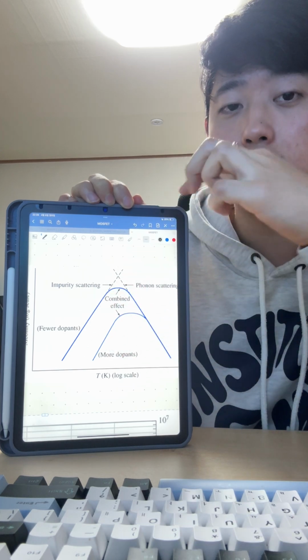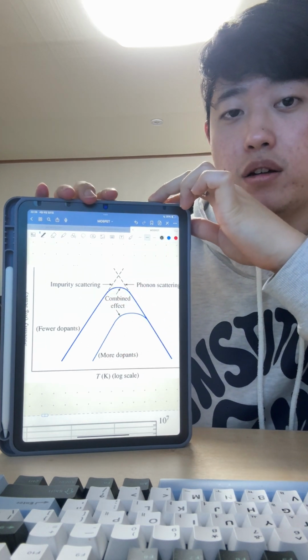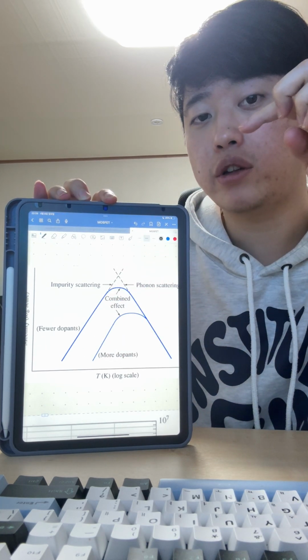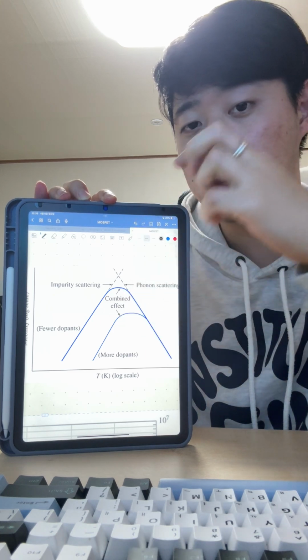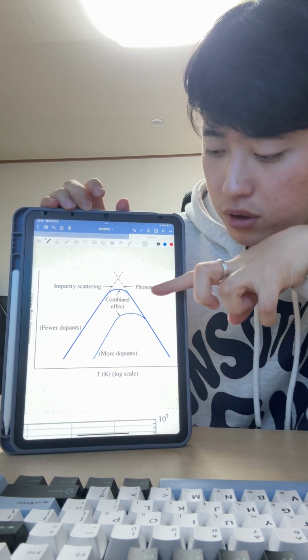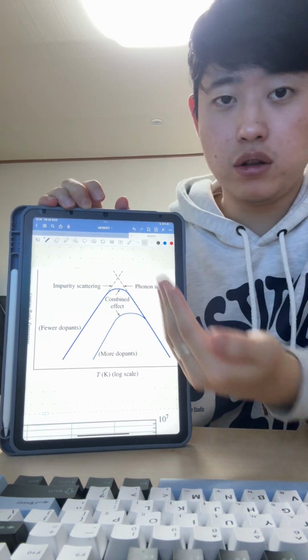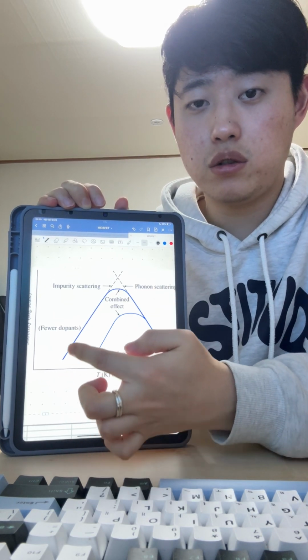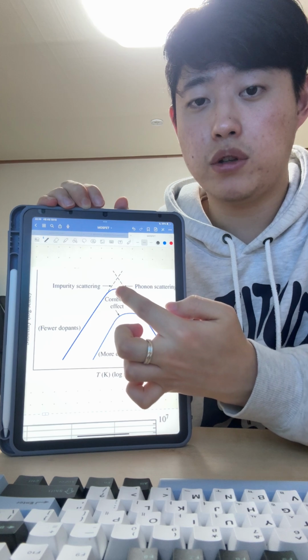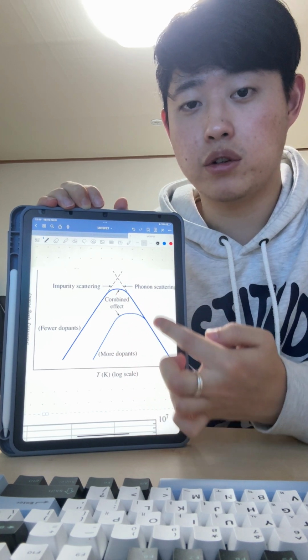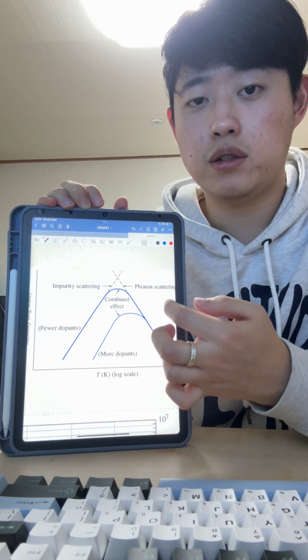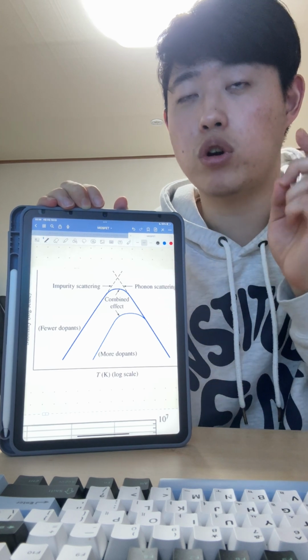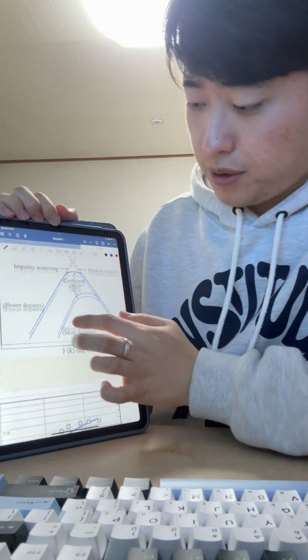It's very much higher because of thermal, but phonon scattering is lower about thermal, so it goes through here, and it goes down because the smaller effect is more dominant, okay.